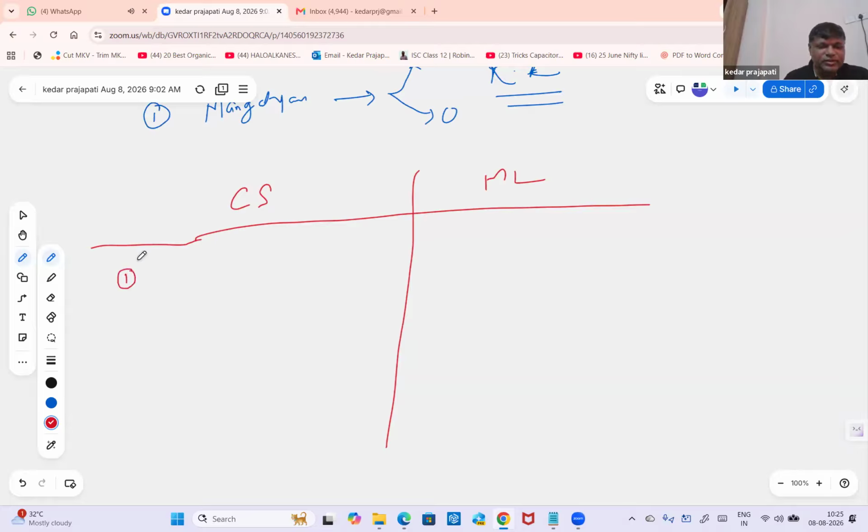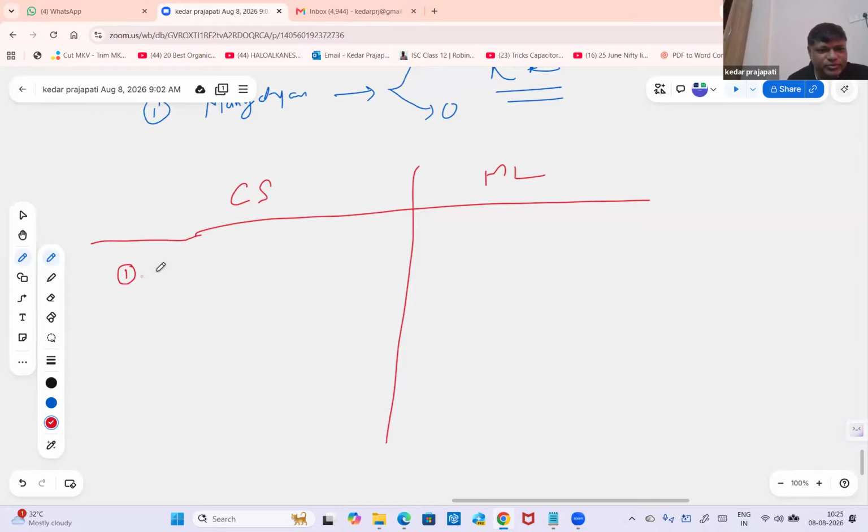In traditional programming, we are writing code, and we also give input. So we are giving data and instructions. Instructions we will write: if x is greater than 5, then do this; if x is less than 5, then do this. So we are giving data and instructions and we get output.